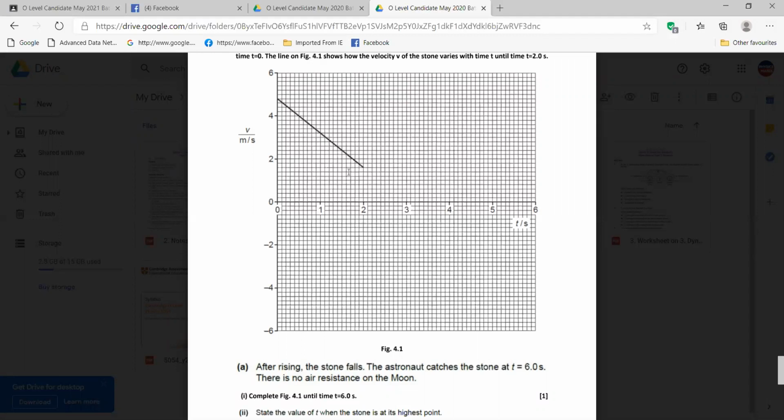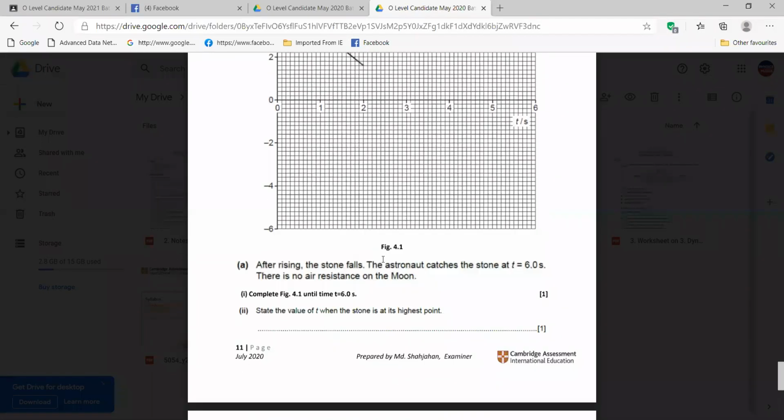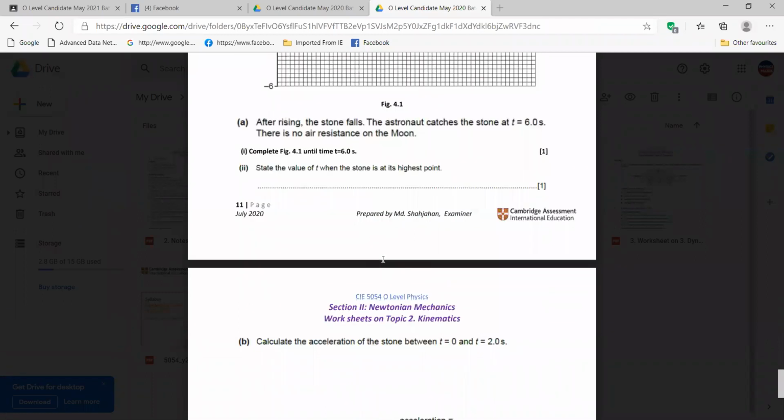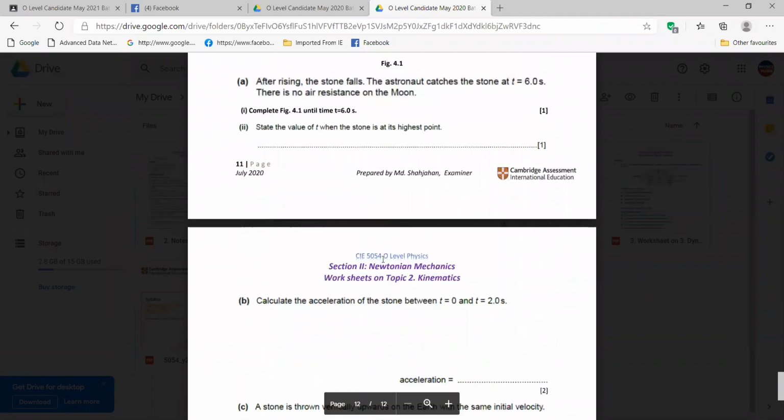So if you put it in the formula, v minus u by t, time is already given as 2 seconds, then you'll get the acceleration. So I got 1.6 meters per second squared. Yes, on the moon the acceleration value is 1.6.